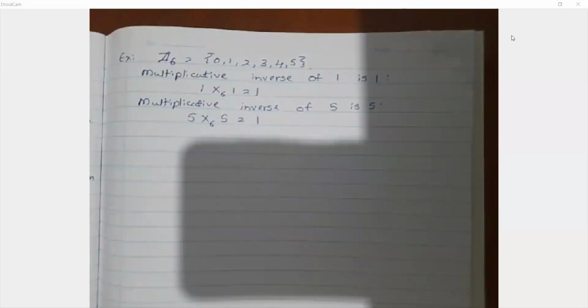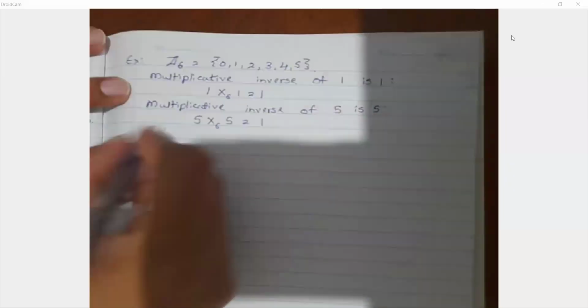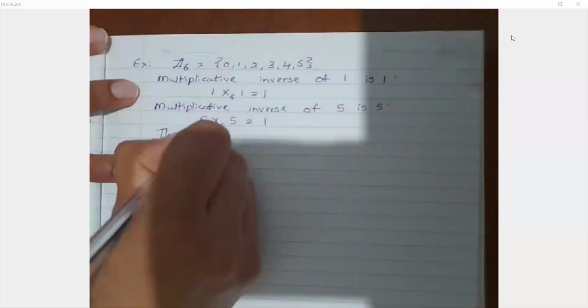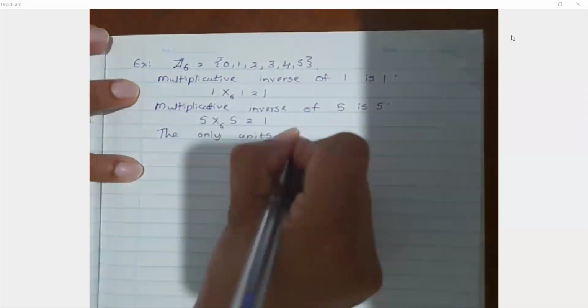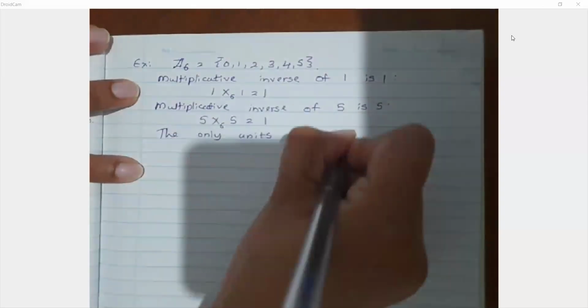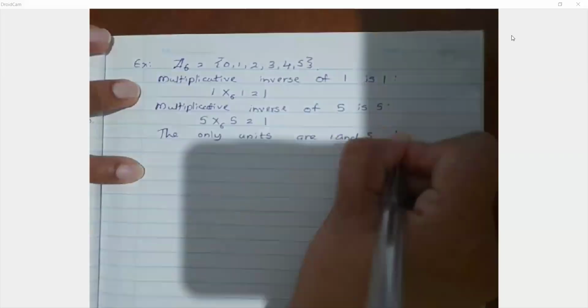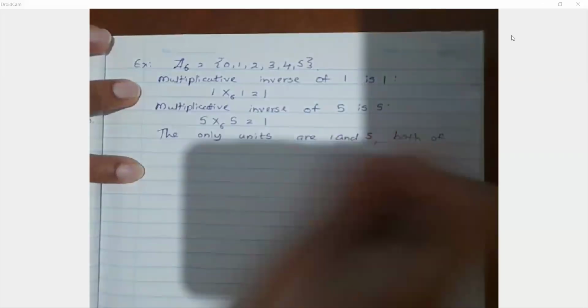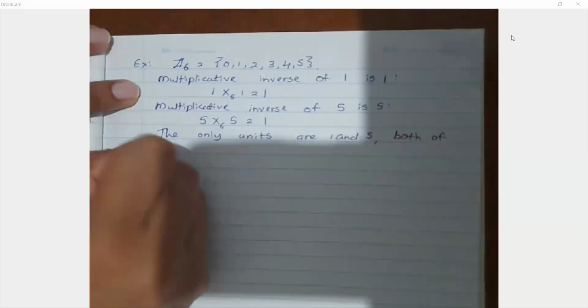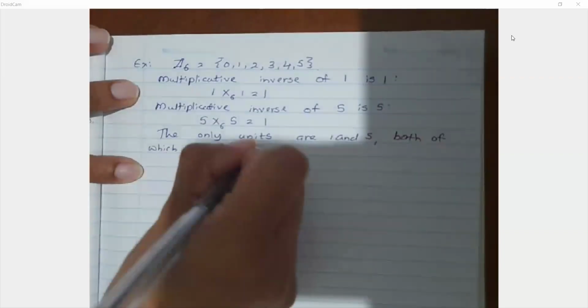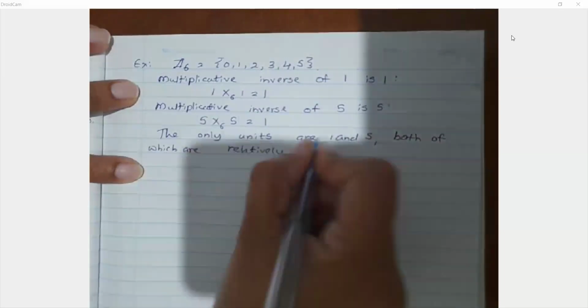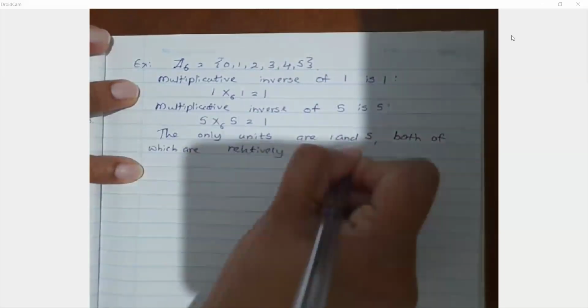So that is one important observation here. Let me write the only units are 1 and 5, both of which are relatively prime to 6.